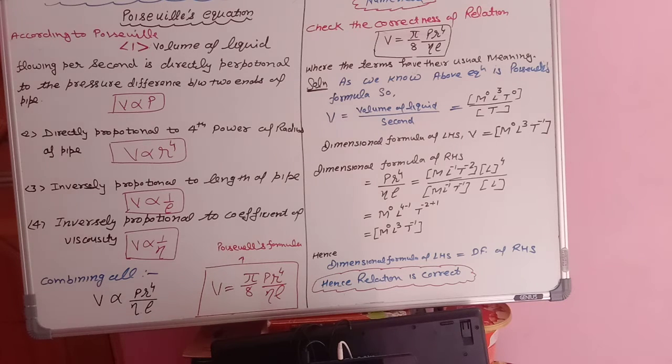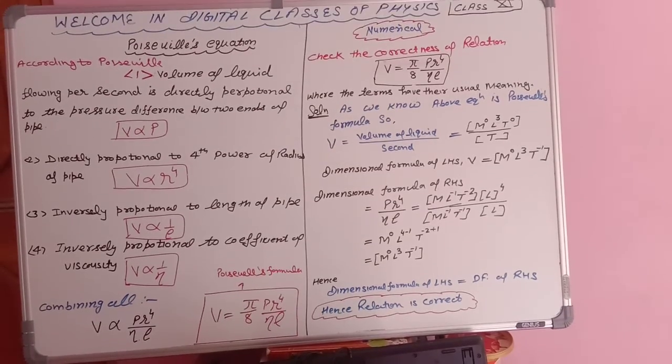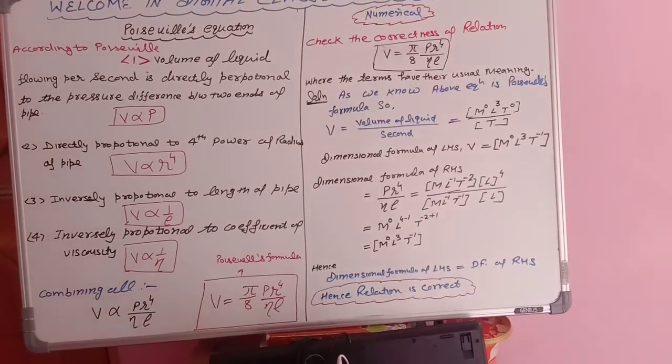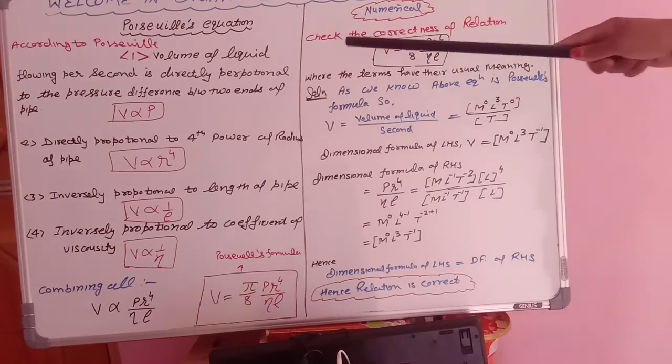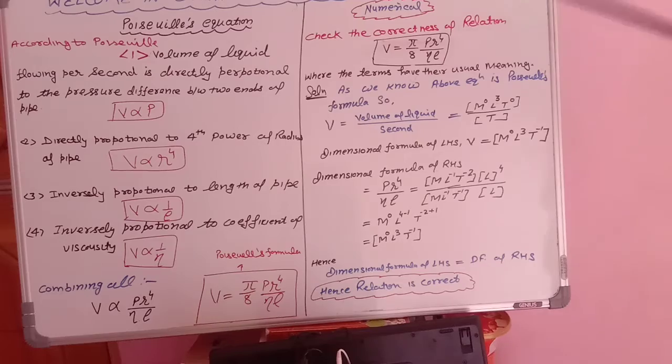Okay, so now our next topic is related to this only, that is numerical based upon Poiseuille's equation. You can see on the right hand side that the numerical is: check the correctness of the relation.